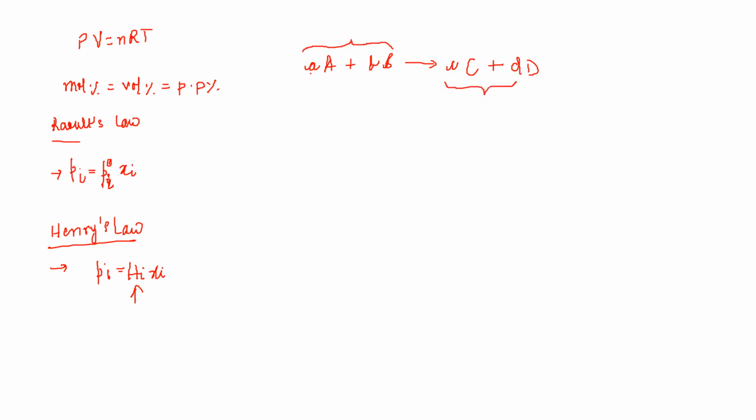Then we can understand how many moles of a particular reactant will react with how many moles of another reactant, and that would produce how many moles of different products. So if we have a moles of A, then that is equal to b moles of B, that is equal to c moles of C and d moles of D. That is what we discussed.